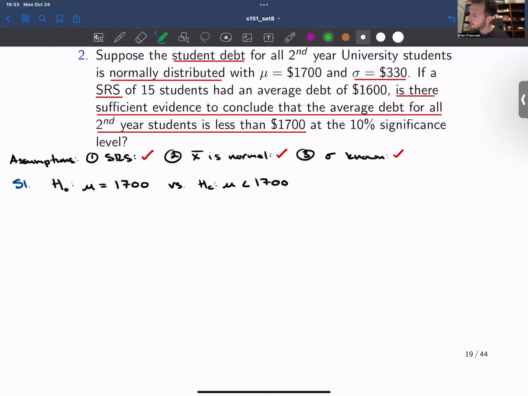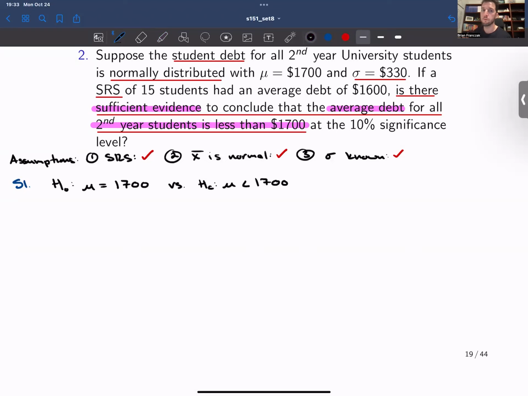Because again, if we review the problem, it says here, sufficient evidence, average debt, second-year students is less than 1,700. So this is telling us how we should set up the alternative hypothesis. So we have an alternative hypothesis of mu less than 1,700.